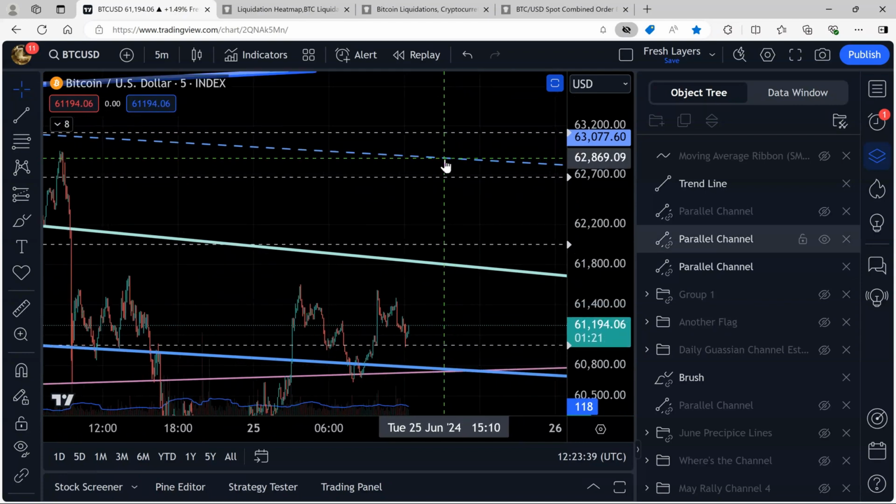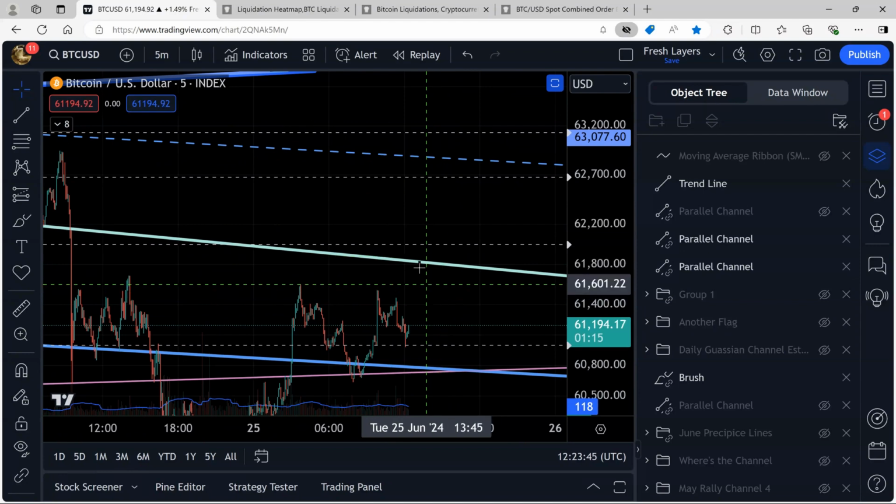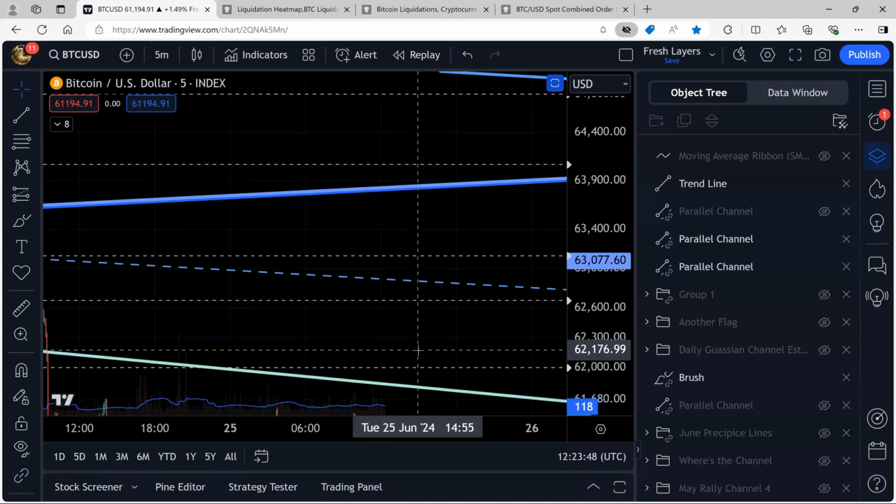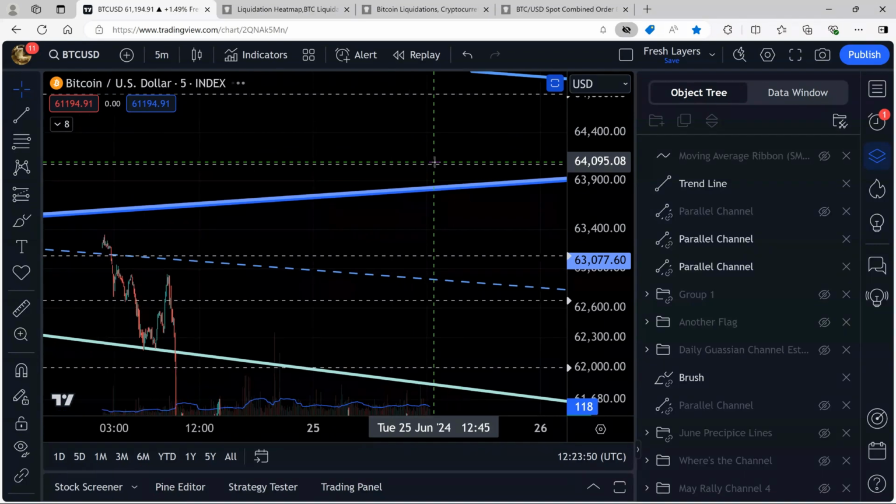We're really super zoomed in here. The center line here is around 62.8. So 61.8, 62.8. You see a little bit of consolidation.